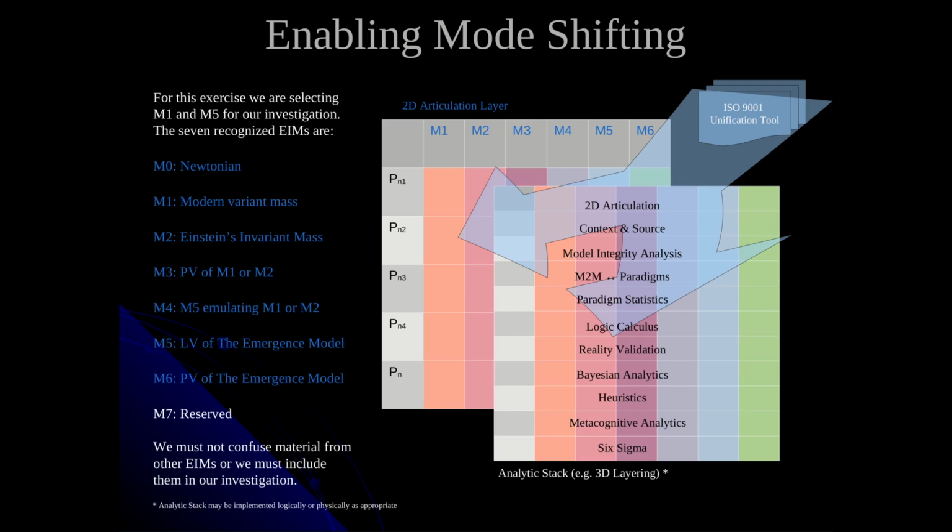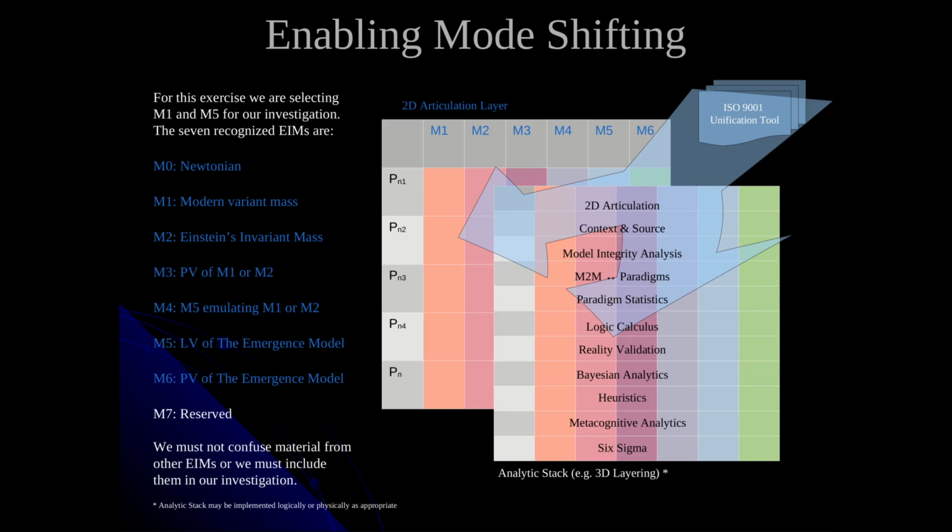And there's a couple of points here, is that as you go through and you discover greater detail, as we've talked about in some of the paradigms of interest already in this presentation, it may mean that you need to add an additional row in your 2D articulation layer to make sure that you're adequately covering it.